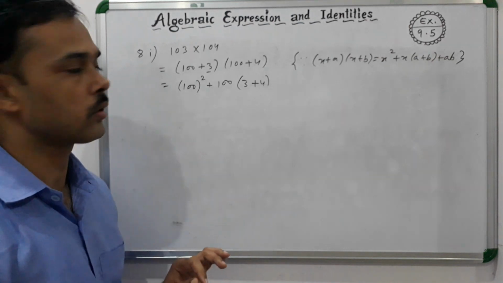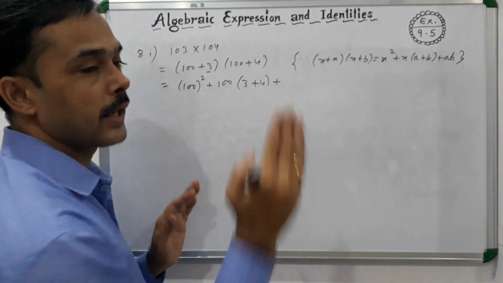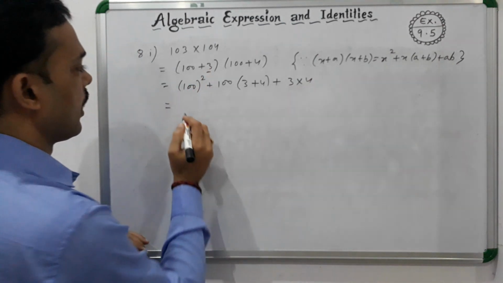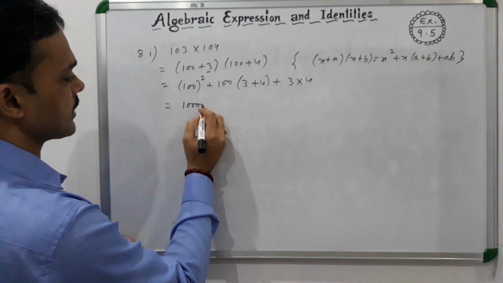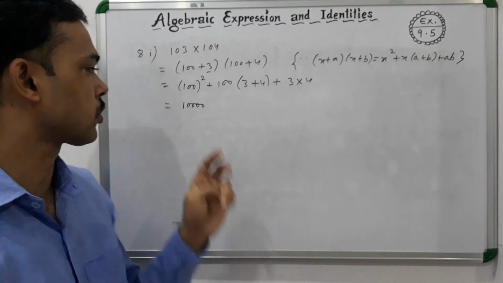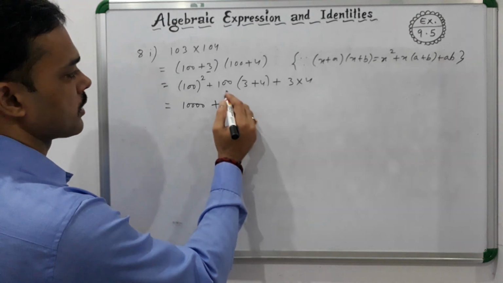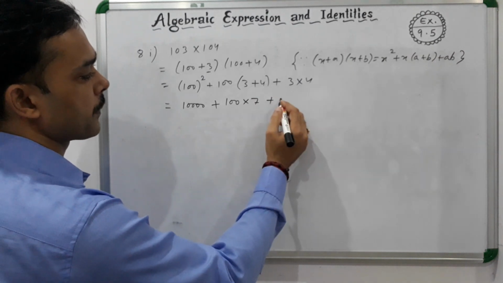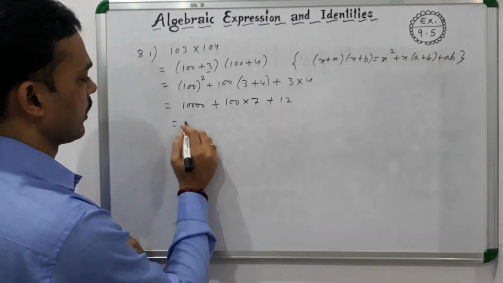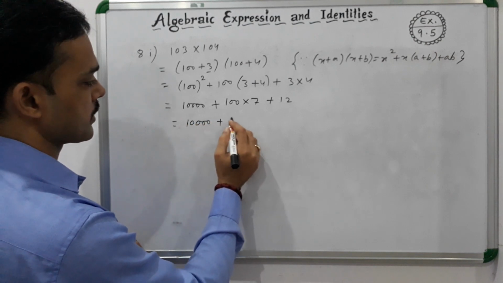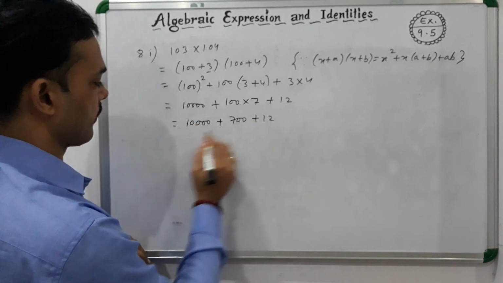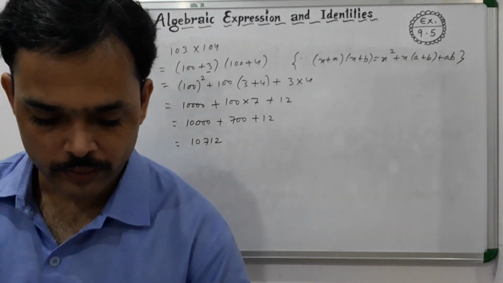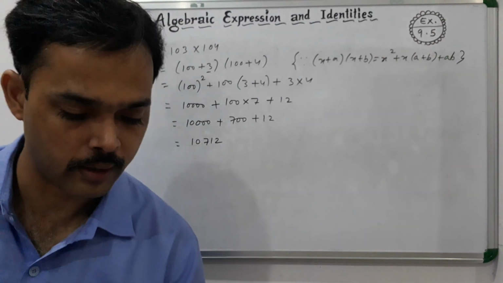So 3 plus 4, then plus AB, where AB means A into B, 3 into 4. 100 square will be 10,000, as I mentioned, 100 into 100, 4 zeros will be there. 10,000 plus 100 into 7, since 3 plus 4 is 7, and 3 into 4 is 12. So 10,000 plus 700 plus 12. When you add them, you get 10,712.